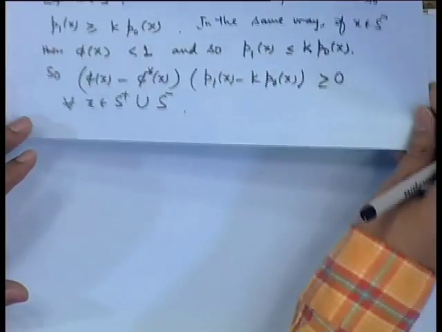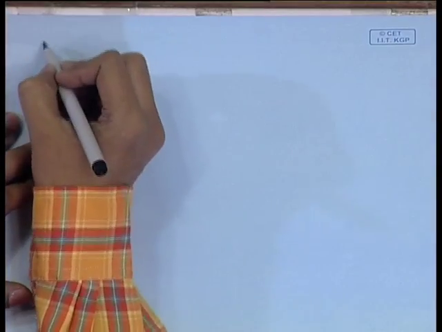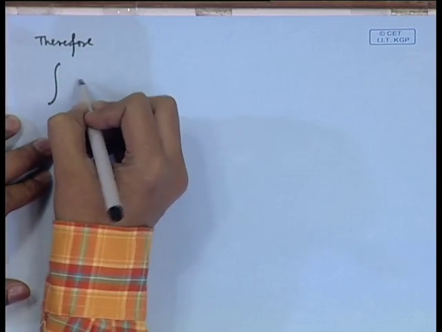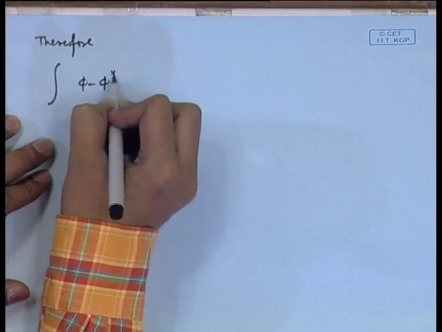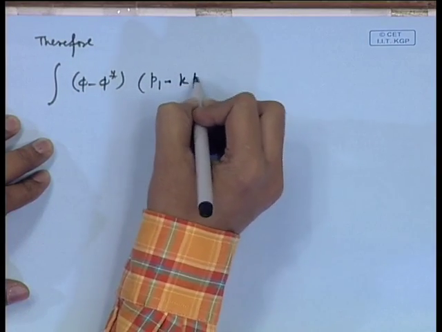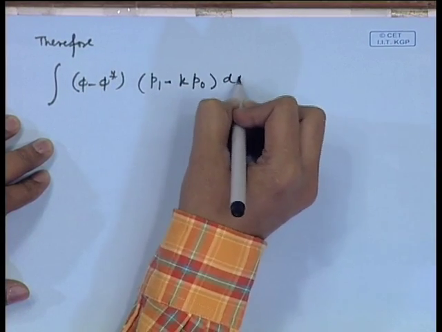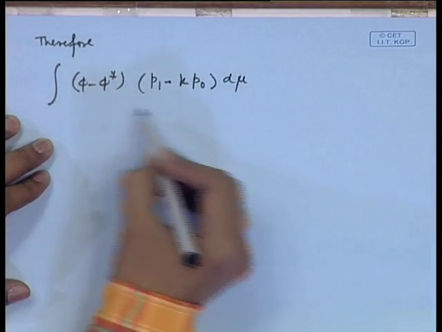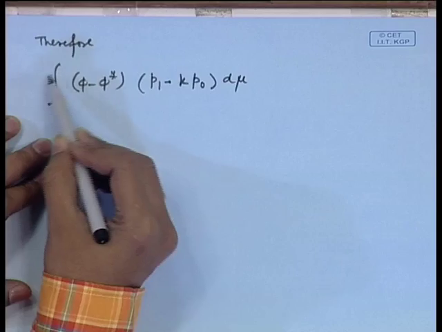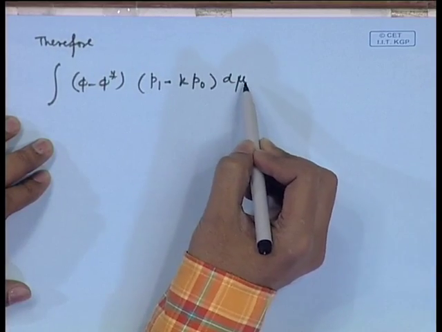Now, let us use this. If we consider the integral of phi minus phi star times p 1 minus k p naught d mu. This is a generalized term, that means, if we are dealing with a discrete distribution, this will be a summation, otherwise it is an integral.